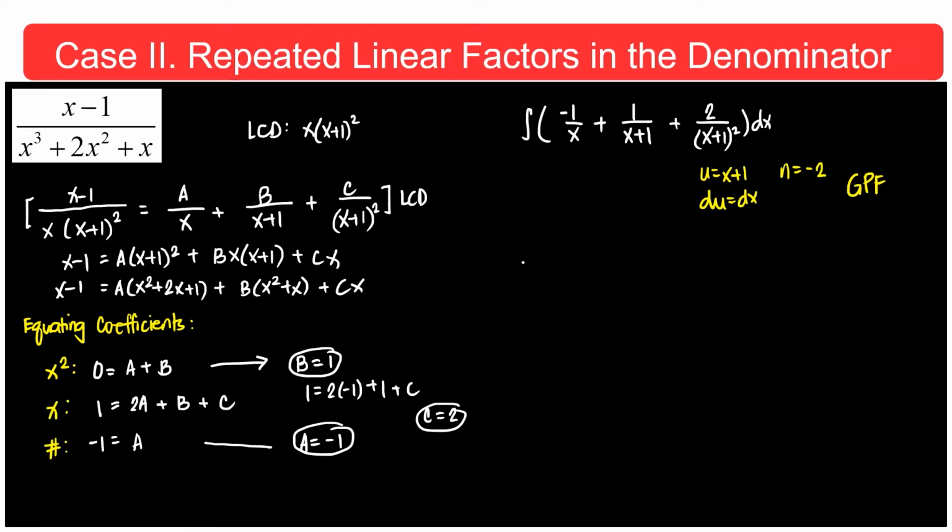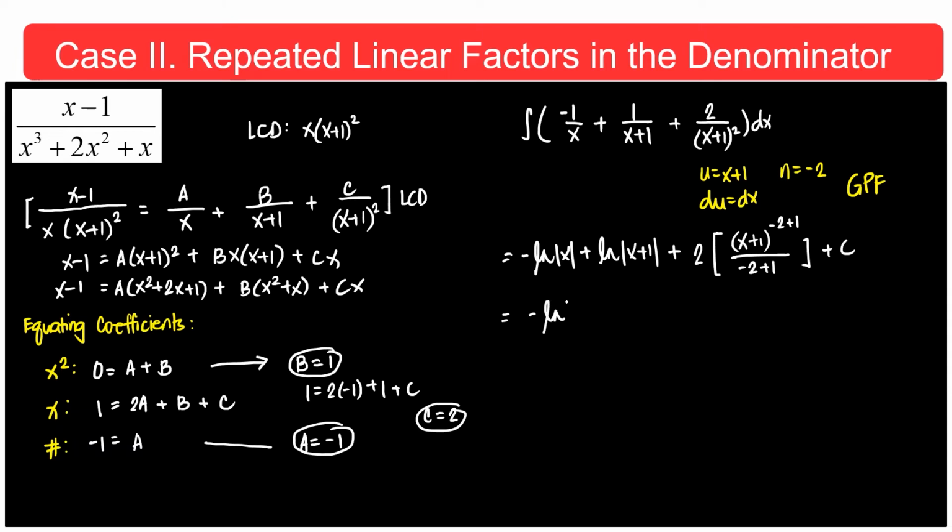So let's integrate negative ln of x plus ln of x plus 1 plus, we don't need the 2, bring it out, times u to the n plus 1 over n plus 1 plus c.